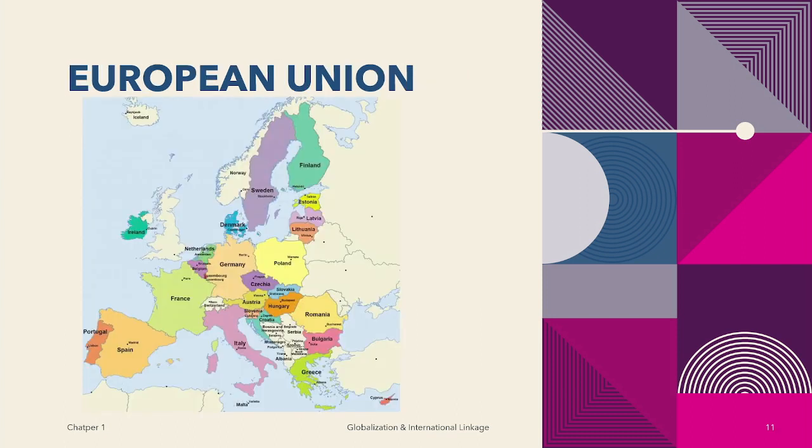All right, you've got France and Spain, Portugal there, Italy, Germany, Poland, Sweden. We've got Lithuania, Ireland, Greece, Bulgaria, Romania, Hungary, Austria. So all of these countries are a part of this European Union. And you see they're all geographically in the same place.